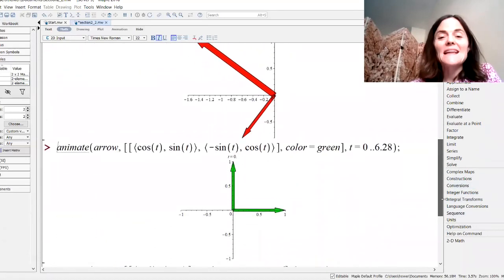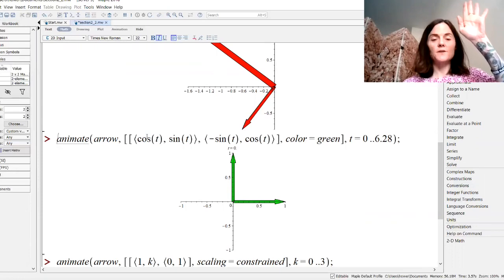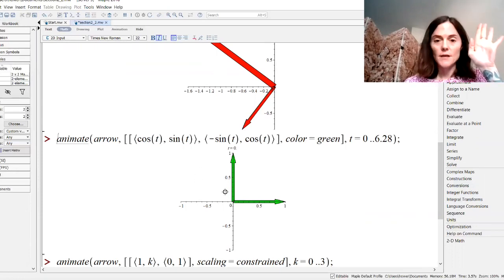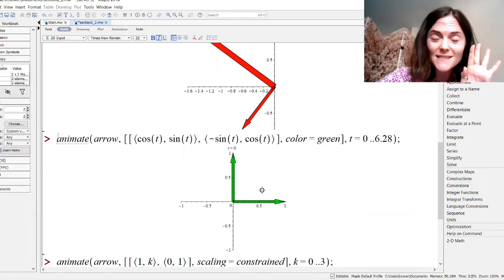Now I have some animation for you. This was fun to make. I made it last night. If you notice here, the first vector is cosine t, sine t. It was the first column of our matrix that rotates, okay?